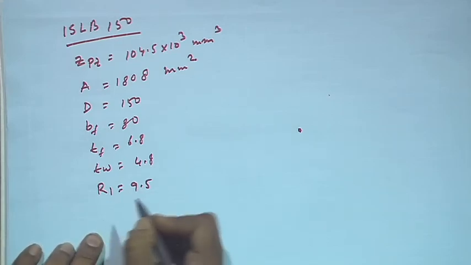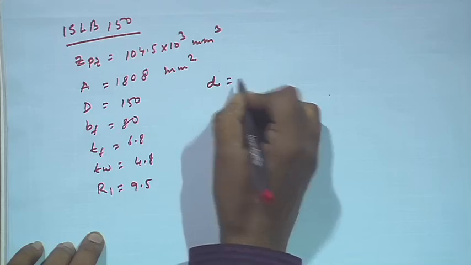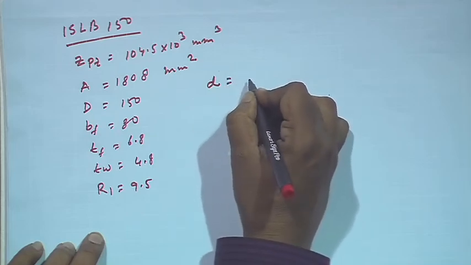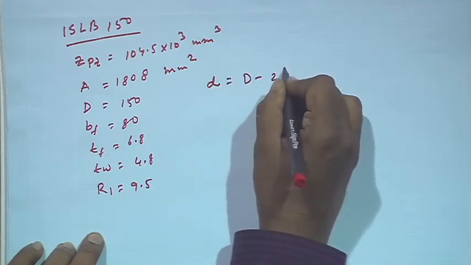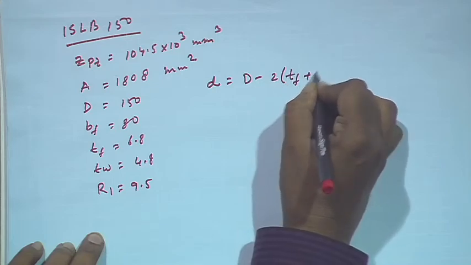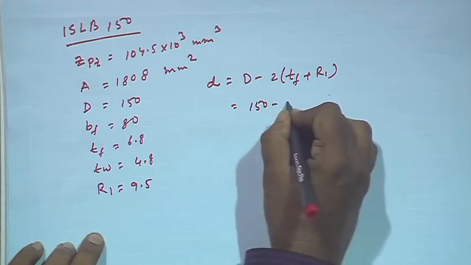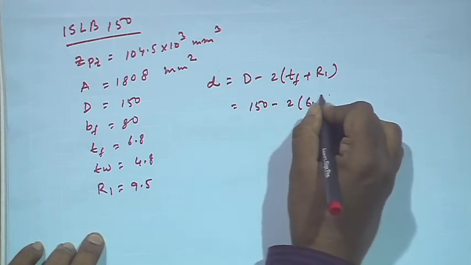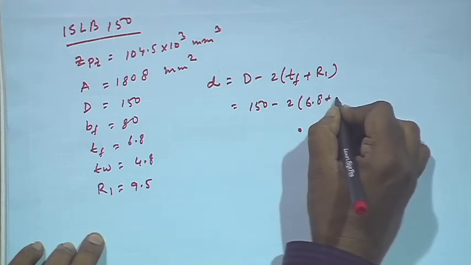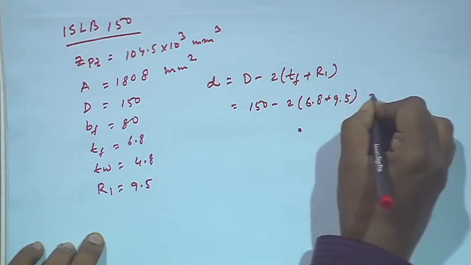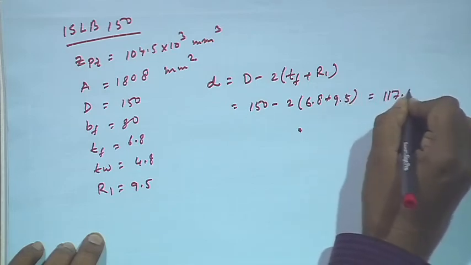Also, we can find the value of d, the effective depth, that is D minus 2 into (tf plus R1). If we put this value, we find the effective depth as 117.4 millimeter.